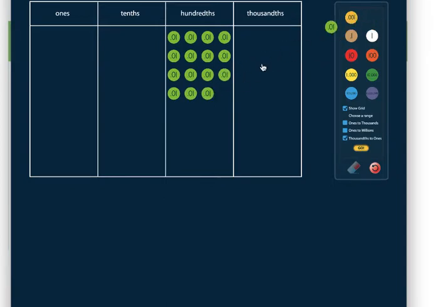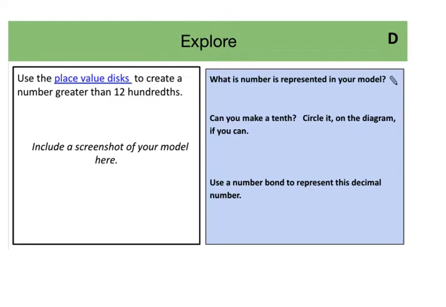Okay, and I'm choosing to show 16 hundredths. So I know 16 hundredths is greater than 12 hundredths, right? So what you want to do is take a snapshot here of your work. You might also want to show that you have some tenths in here, right? Let's go back to the slides, and we'll explore this a little bit more.